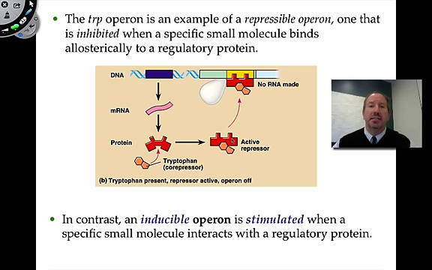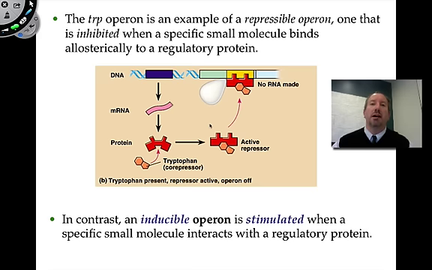It activates it, and then it attaches to an operator sequence in the promoter which prevents transcription. It makes perfectly good sense because if you're given free tryptophan, why would you make it? The tryptophan itself represses transcription.